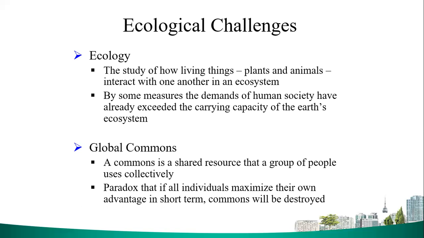What do you understand by paradox? Paradox is referred to as inconsistency or imbalance between the usage of anything, or between two things, a discrepancy sometimes. The paradox is that if individuals maximize their own advantage in the short term, the common will be destroyed.